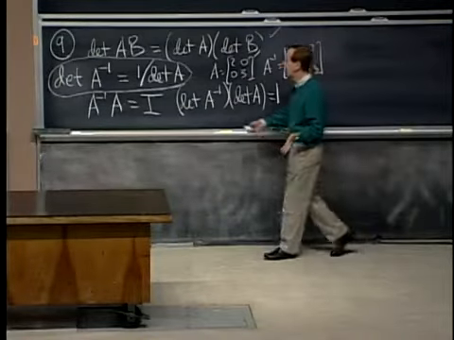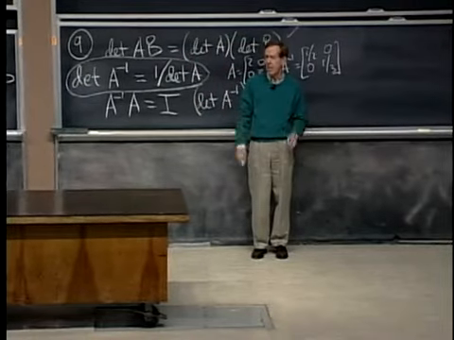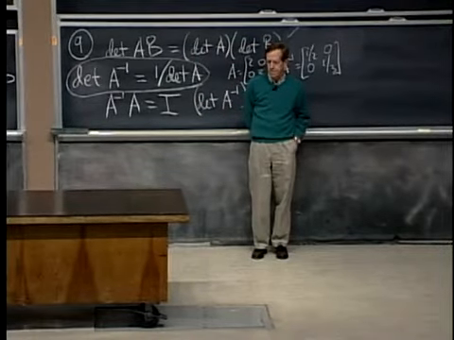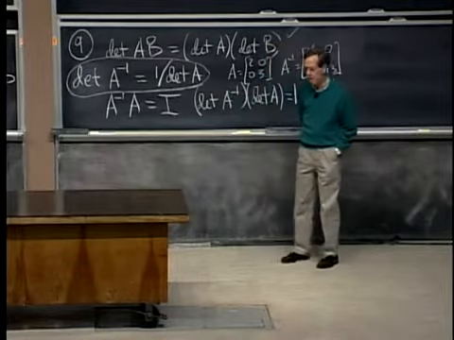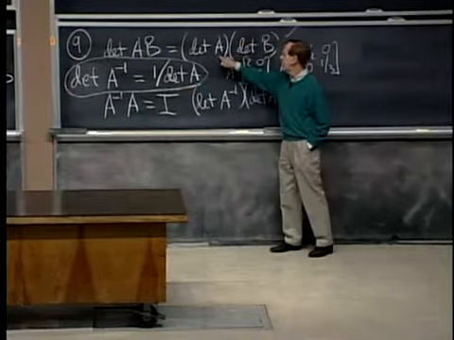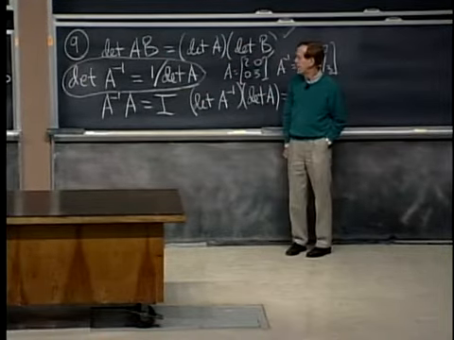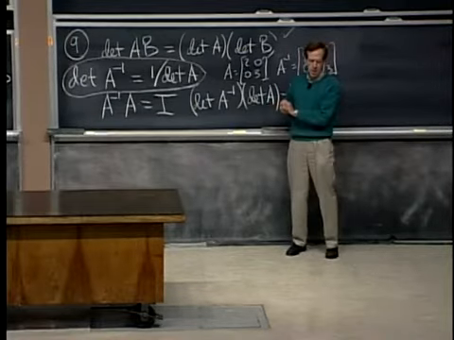What's the determinant of A squared? If I take a matrix and square it, then the determinant just got squared, right? The determinant of A squared is the determinant of A times the determinant of A. So if I square the matrix, I square the determinant.